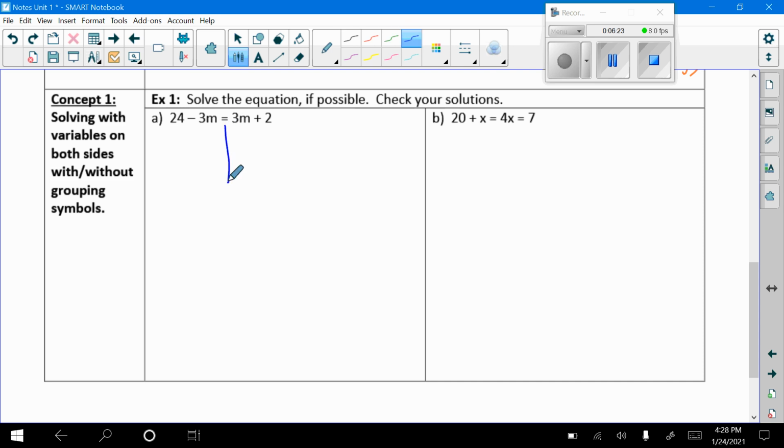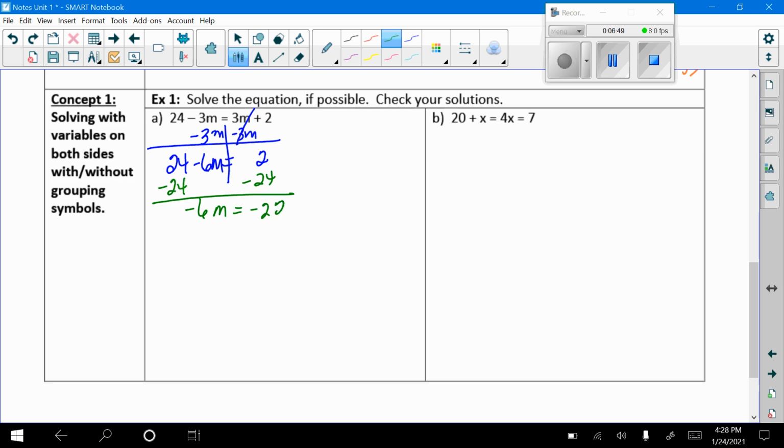This one, I'm going to put my line down the middle. Move my variables to one side. So I'm going to go minus the 3m, minus the 3m. So I end up with 24 minus 6m equals 2. The next step, I'm going to take away 24, take away 24. This one I end up with negative 6m is equal to negative 22. And divide both sides by negative 6. Now I know that when we have an inequality, we have to worry about that, but not with an equality.